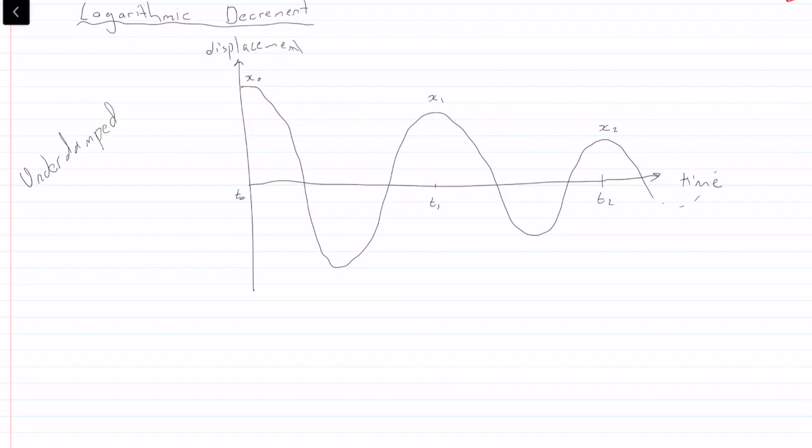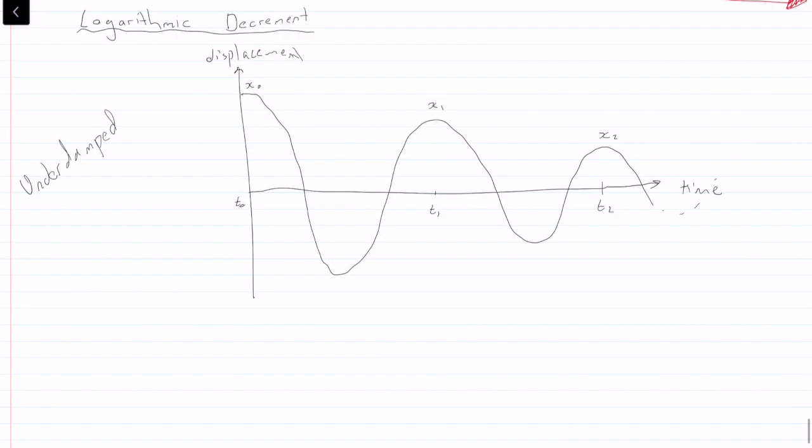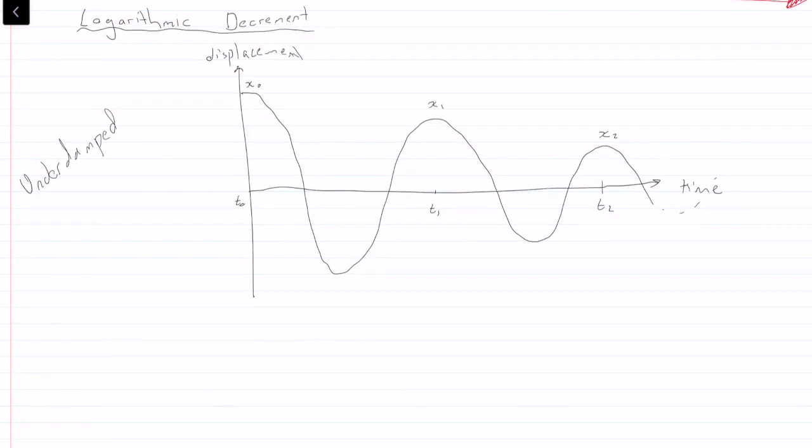Basically, what logarithmic decrement says is that if we look at consecutive displacements, so displacements x0, x1, and x2 are all consecutive, they happen one after another, we can determine the damping ratio knowing only the displacements and the times.